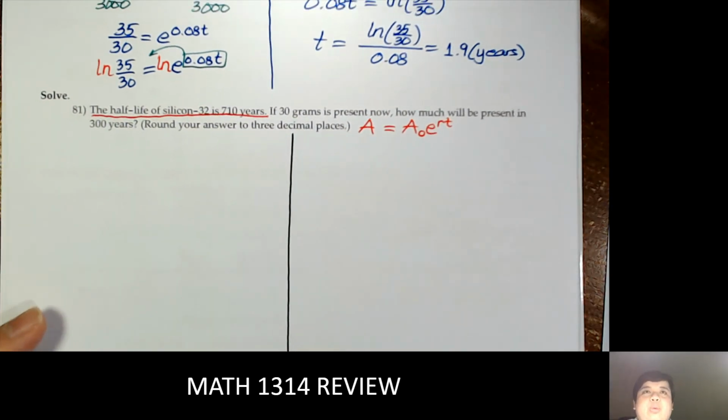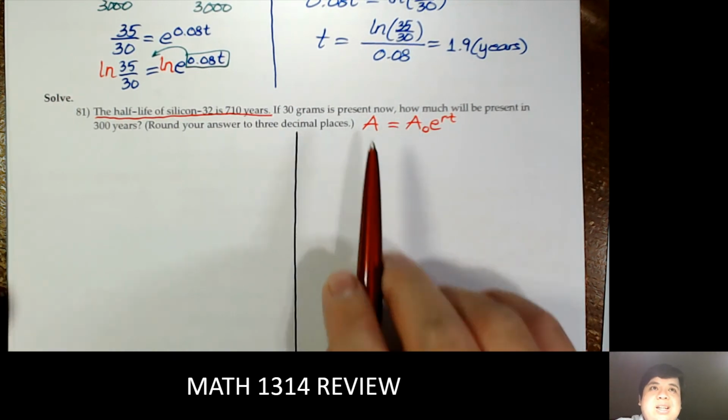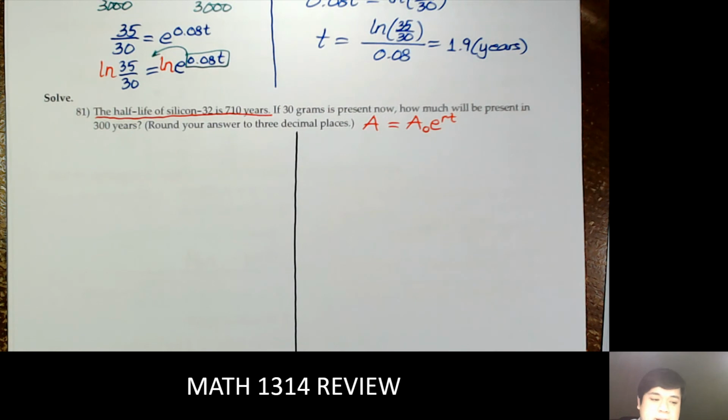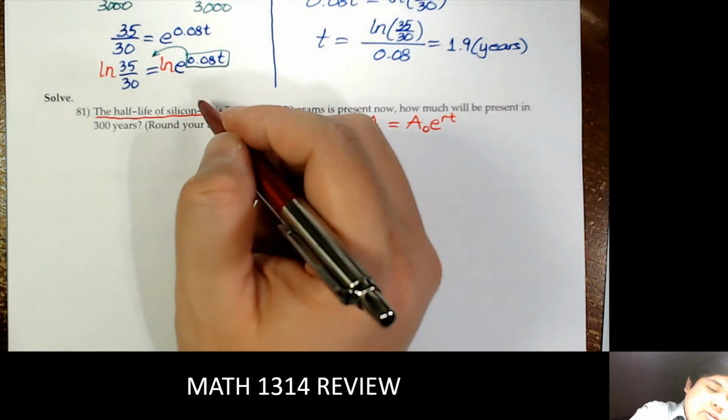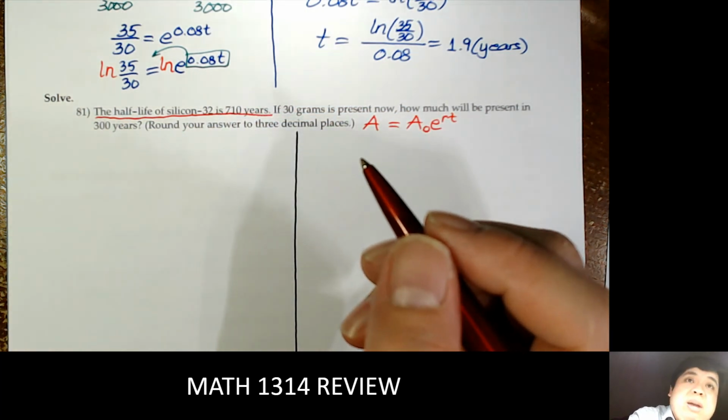So we just change it a little bit, initial amount with time t. Now first part, the half-life of silicon-32 is 710 years. So what does that mean?